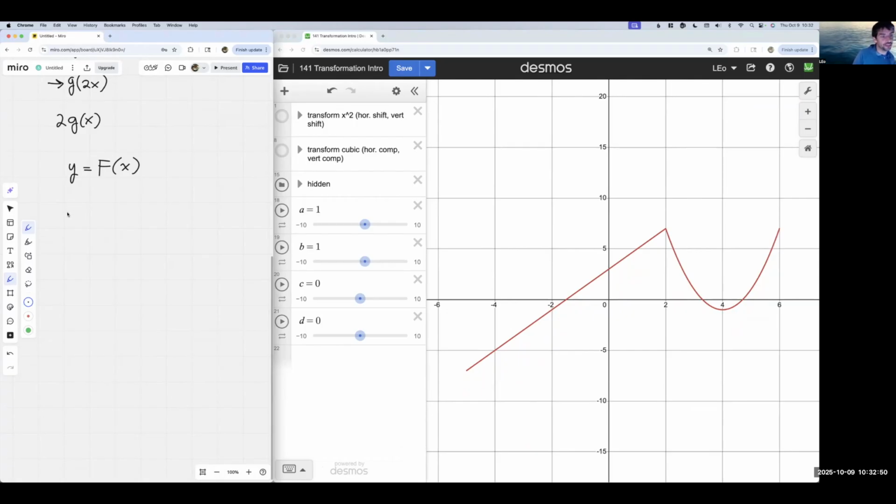We're going to have a new function that's going to be a series of transformations on f of x. Actually, let's just use little f because I think that's more familiar and that helps. So our new function, let's call it g of x, is going to be a series of transformations on f of x. And the way I'm going to write this is like this.